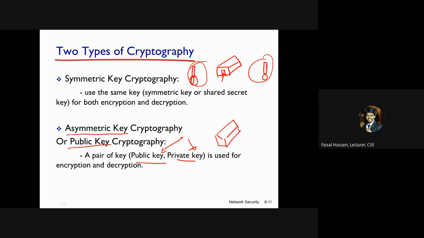Whenever I send a request, my web browser encrypts it with the public key, and no one can decrypt it without the private key. This is a specialized type of cryptography, and mathematically it is possible.